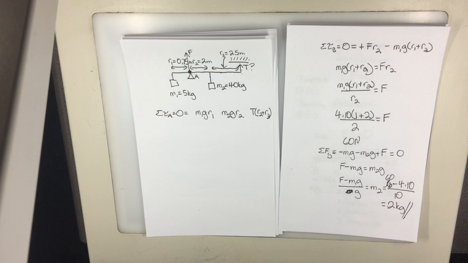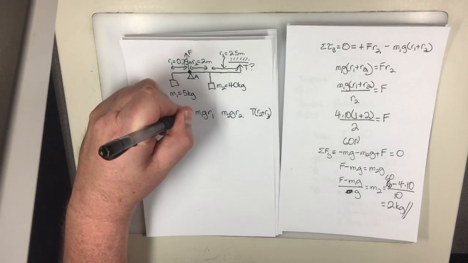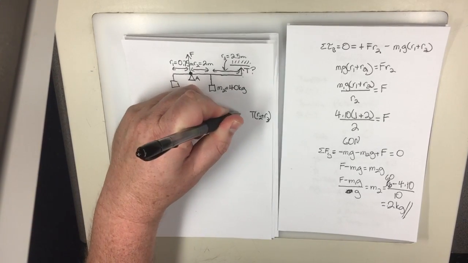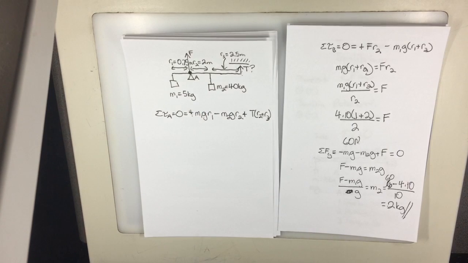Tension is a little bit different. It's not always that forces on the left cause counterclockwise and forces on the right cause clockwise. This tension is to the right. The tension now is up. Thumb points out. So that's positive. So the signs in this case are positive, negative, positive. And you get the signs from that.